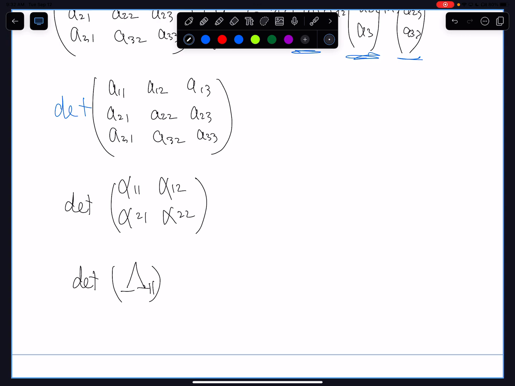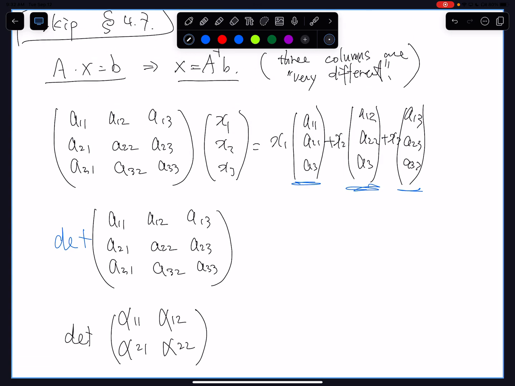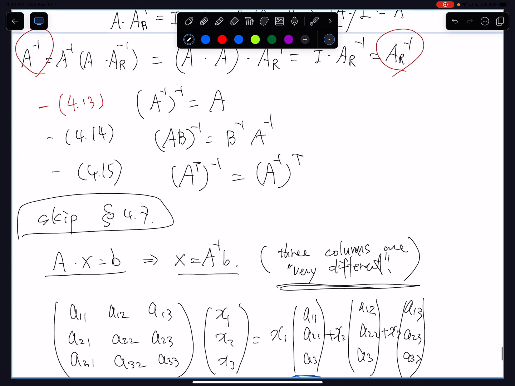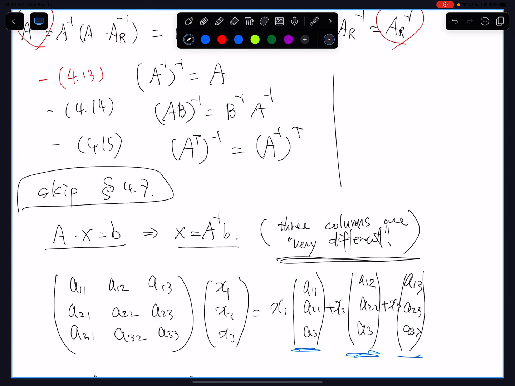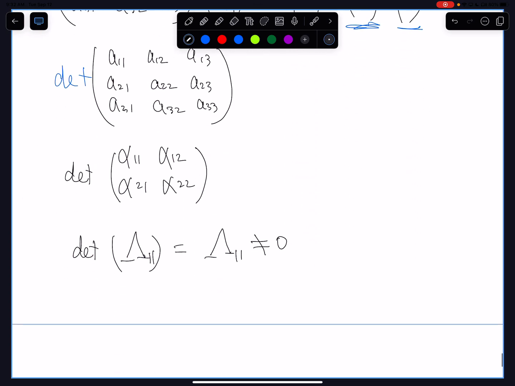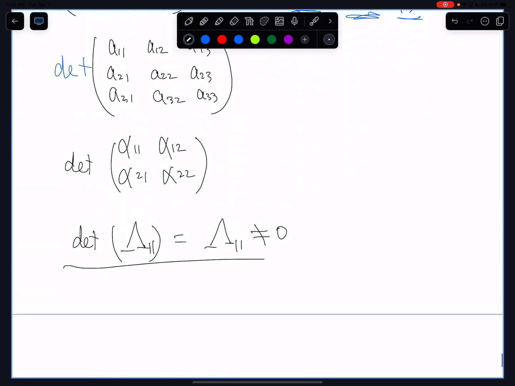So let's say this is one number. The determinant of this one is just the number itself. We know that this not being zero gives you the condition here, right? Because that's something we already know: A times x equal to b has a solution given that a is not zero, right? So this was an easy condition.